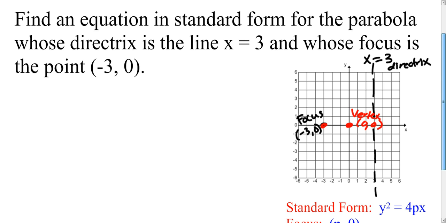And the focus always has to be inside the parabola, opposite of the directrix. So I know that my parabola goes something like this. I'm completely sketching it, but that's all I need to know, okay? You need to now know that this is a sideways parabola, okay?